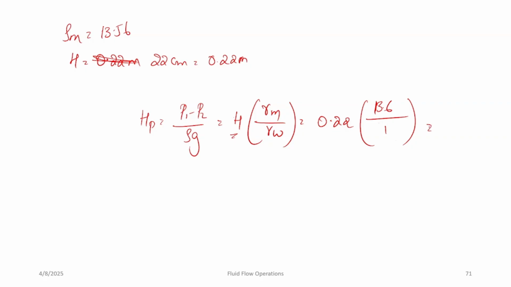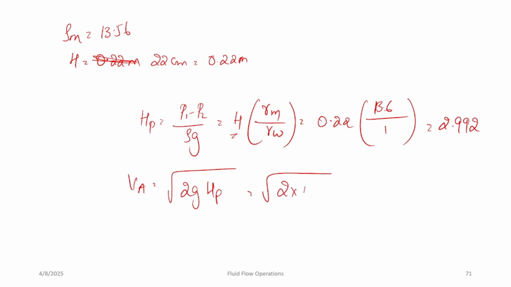So 13.6 into 0.22 will give us 2.992. And what is VA? VA is nothing but square root of 2G into HP, which is equal to square root of 2 into 9.8 into 2.992. So what will be the answer?